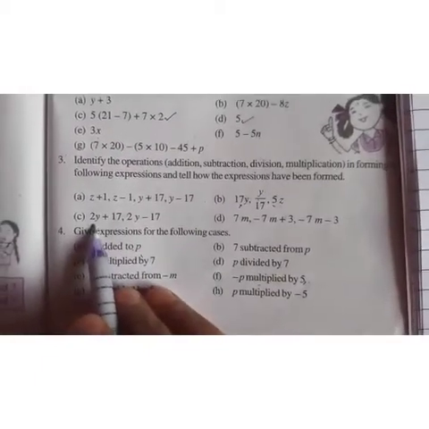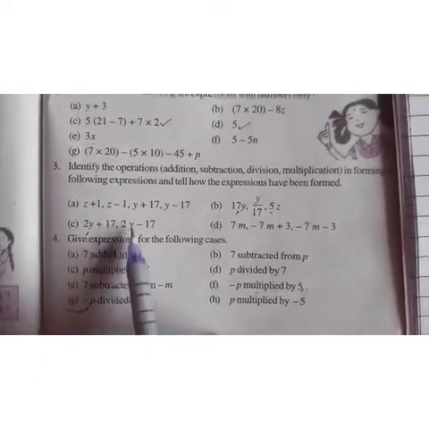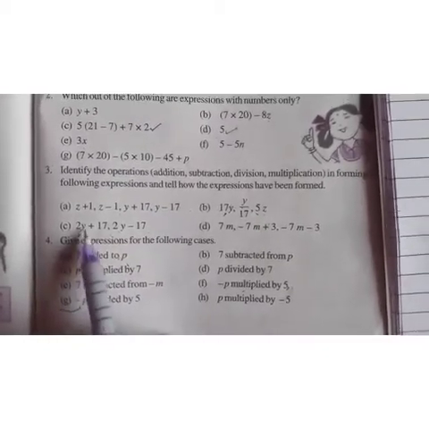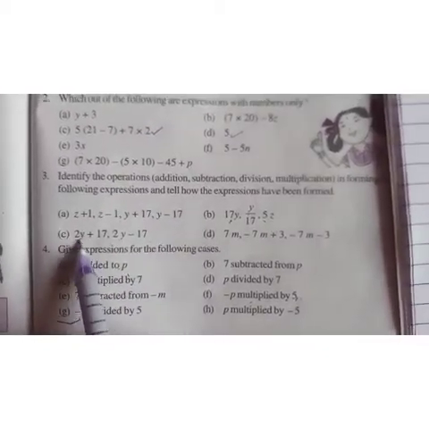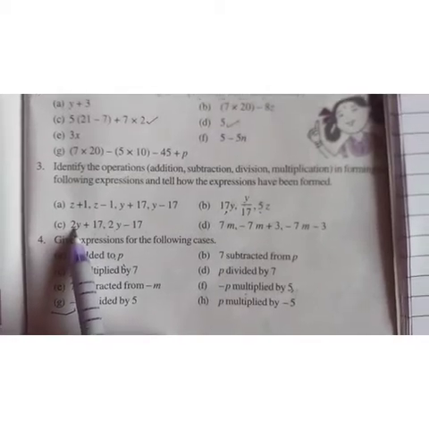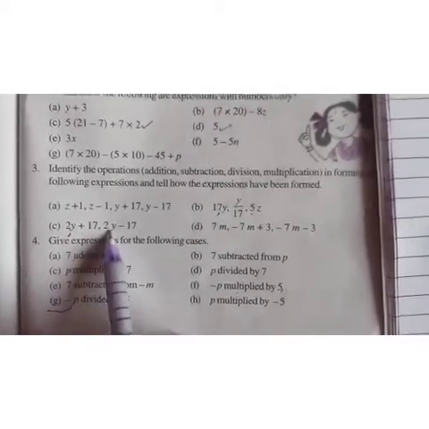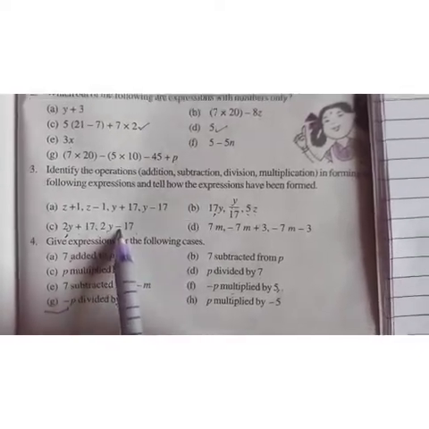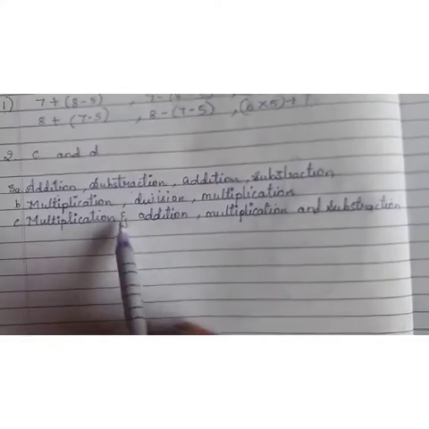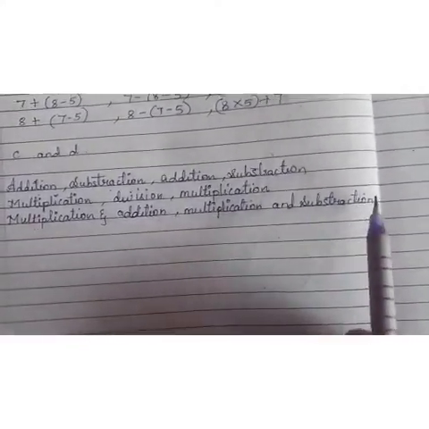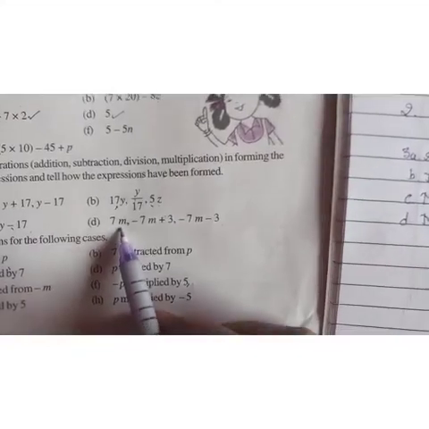C question, 2y plus 17 and 2y minus 17. So children, here we have two operations in one expression, that is multiplication, 2 into y, and addition. Similarly here we have multiplication and subtraction. So we can write multiplication and addition, multiplication and subtraction. Last question, 7m.